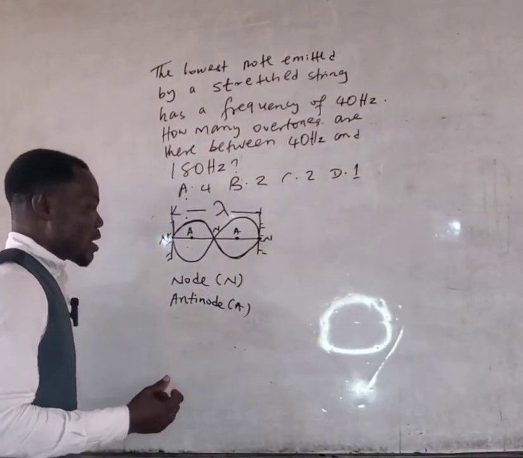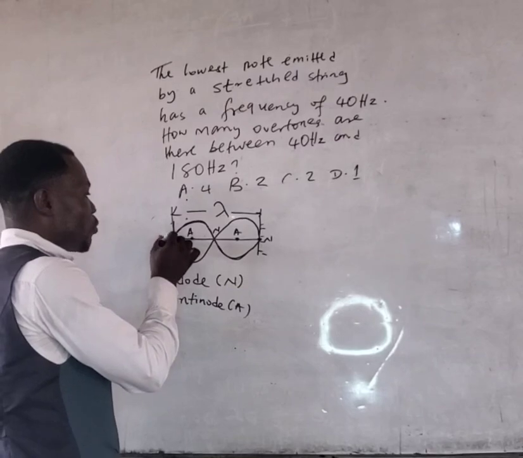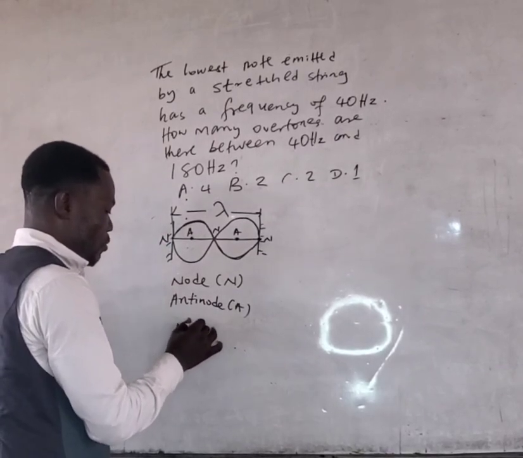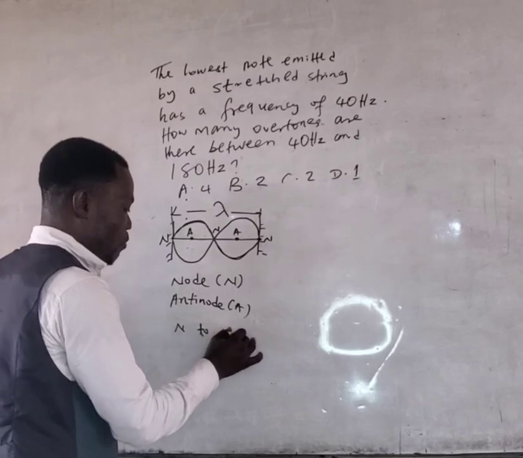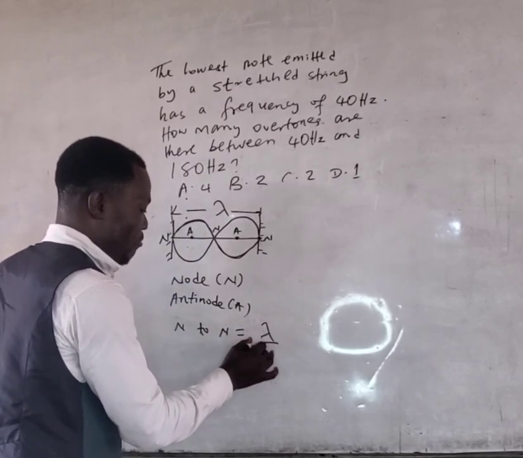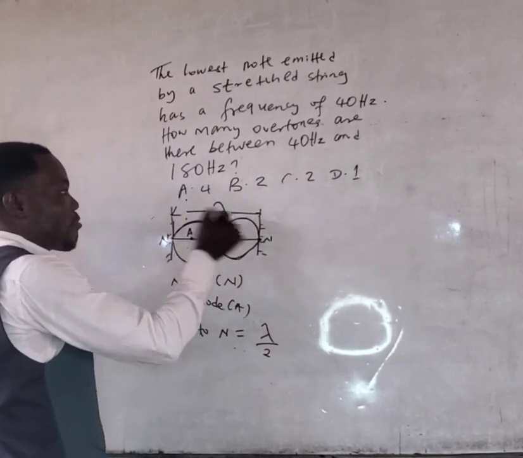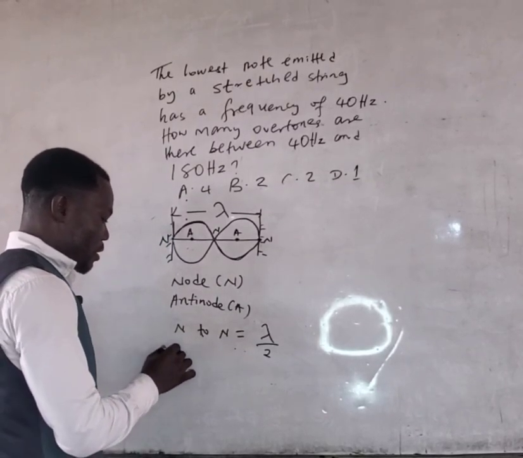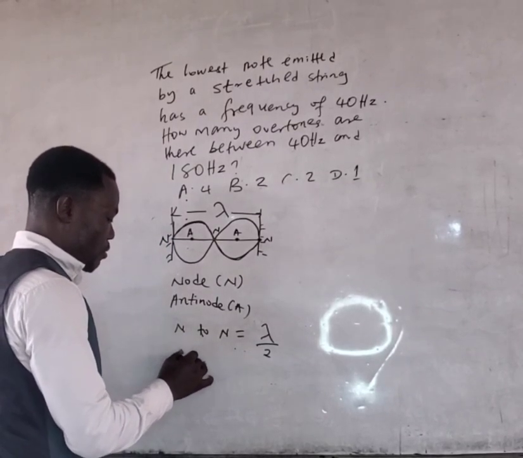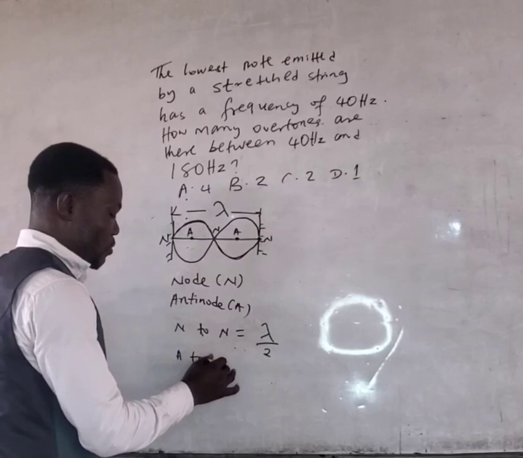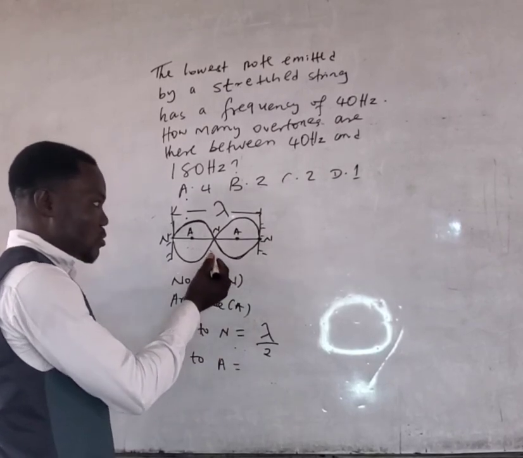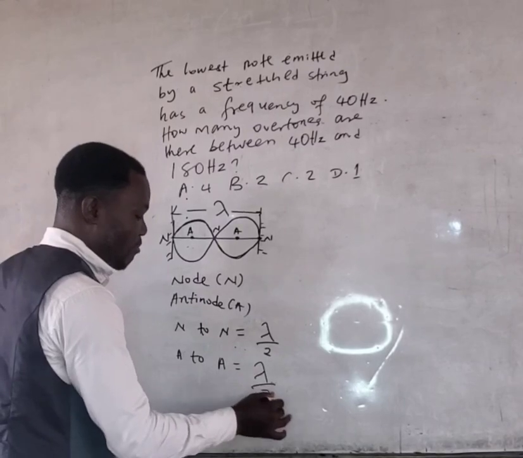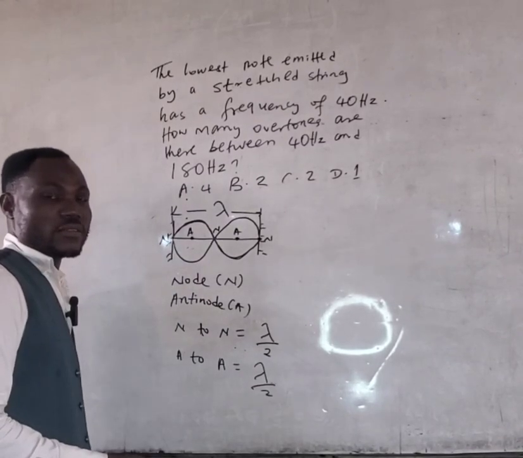And with that we can see that the distance from a node to another node is equal to half of the wavelength. Also, the distance from an antinode to another antinode is also half of the wavelength.